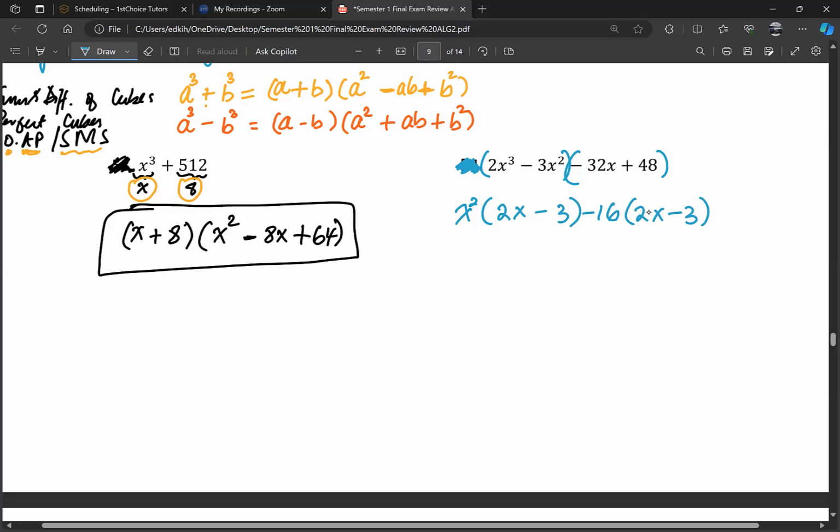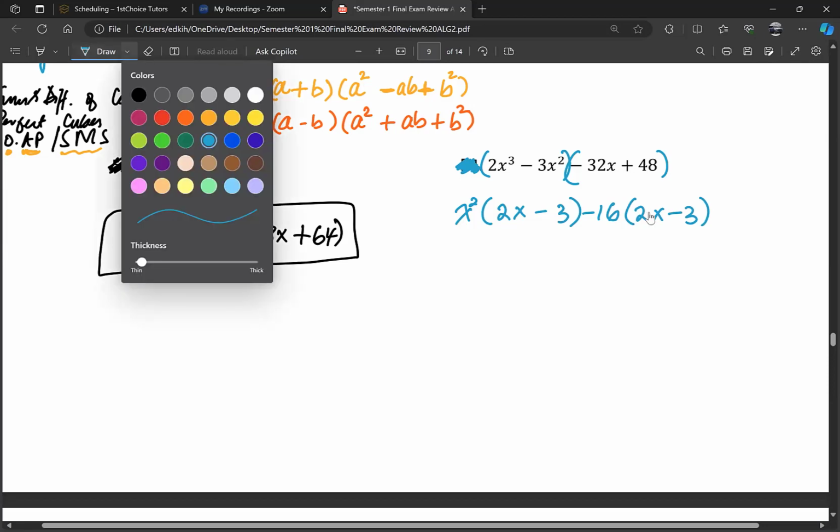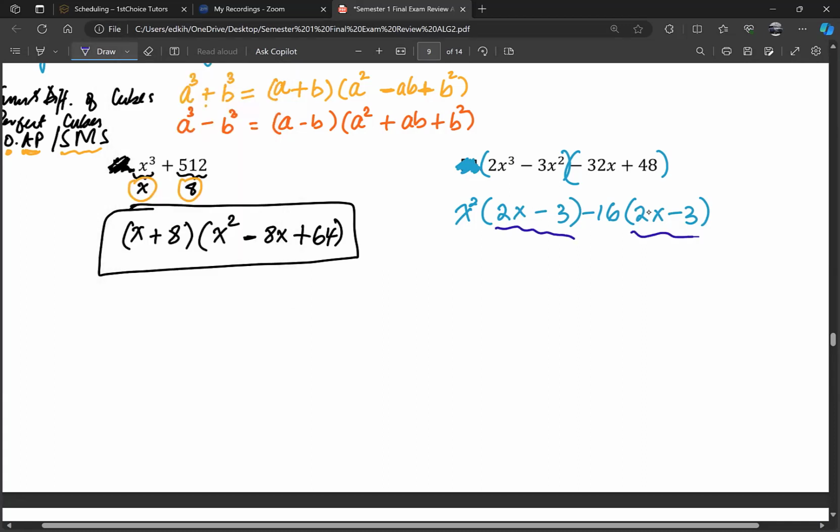Notice how my 2 parentheses are exactly the same, as they should be. This 2x minus 3 is the same as that 2x minus 3. And if you're in doubt, you can just do a quick check. Negative 16 times 2x gives me the negative 32 that I wanted. Negative 16 times negative 3 gives me the 48 that I wanted. So we know that it works.